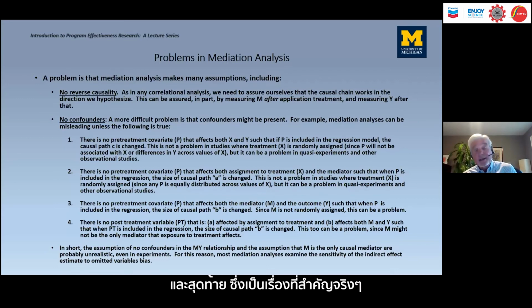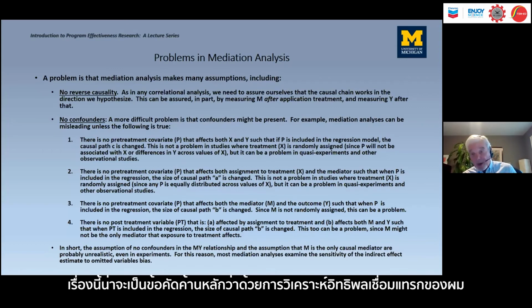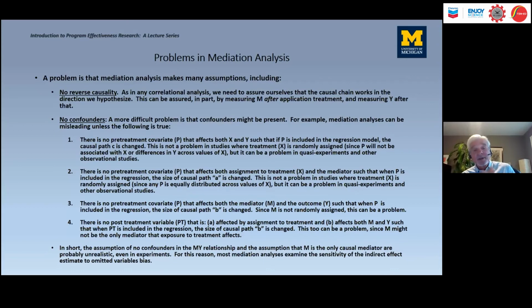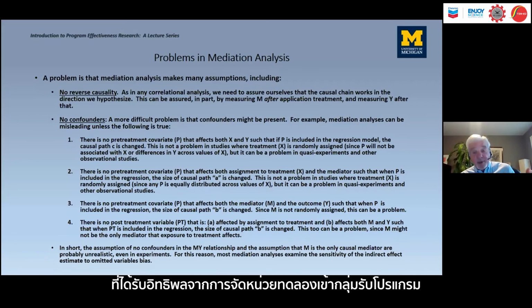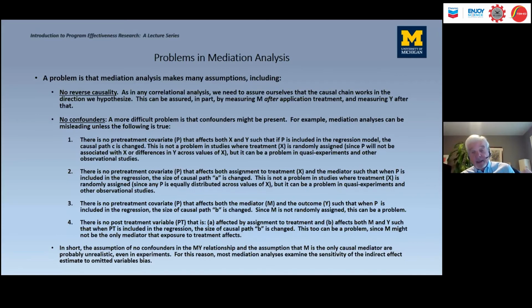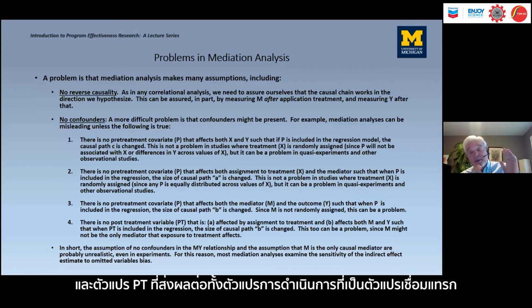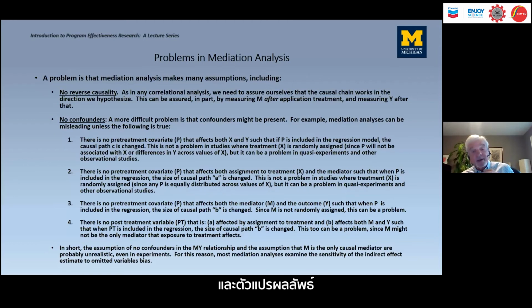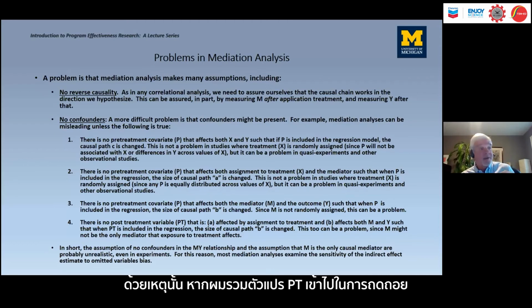And finally, and this is really important, this is probably my main objection to mediator analysis, there's no post-treatment variable, PT, that is affected by assignment to treatment and that affects both the mediator or implementation variable and the outcome variable, such that if I included it in the regression, the size of the causal path B would be different.